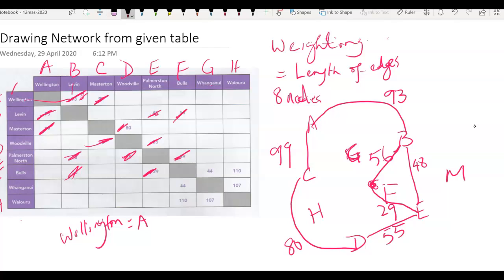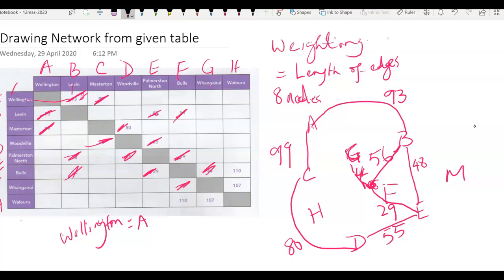And I'm left with Bulls and Wanganui, which is 44, which is G and F. We got to connect those two, and that'll be 44. So this one goes.